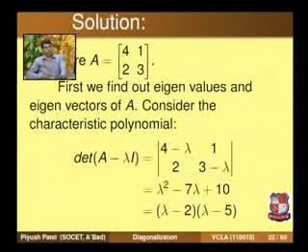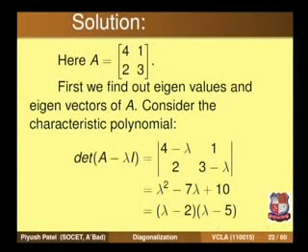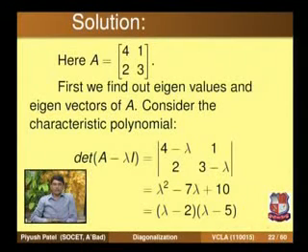First of all, for this matrix we will find the characteristic polynomial, because we want to find the eigenvalues and eigenvectors. The characteristic polynomial is given by the determinant of A minus lambda I, where the diagonal is subtracted by lambda, so it is the determinant of 4 minus lambda, 1, 2, 3 minus lambda.